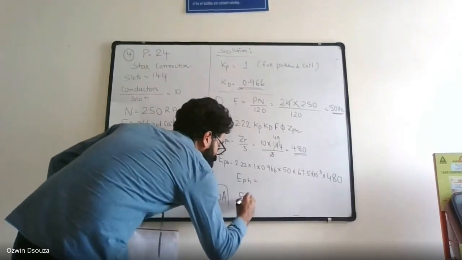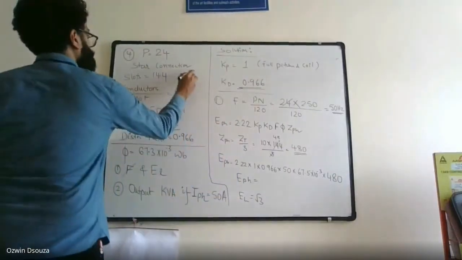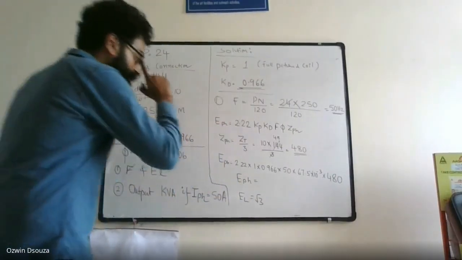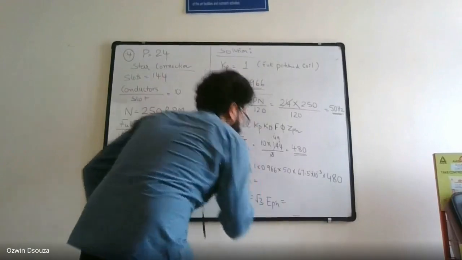Once you know E phase, you can find out EL. It's a star connected alternator. So line voltage is √3 times the phase voltage.